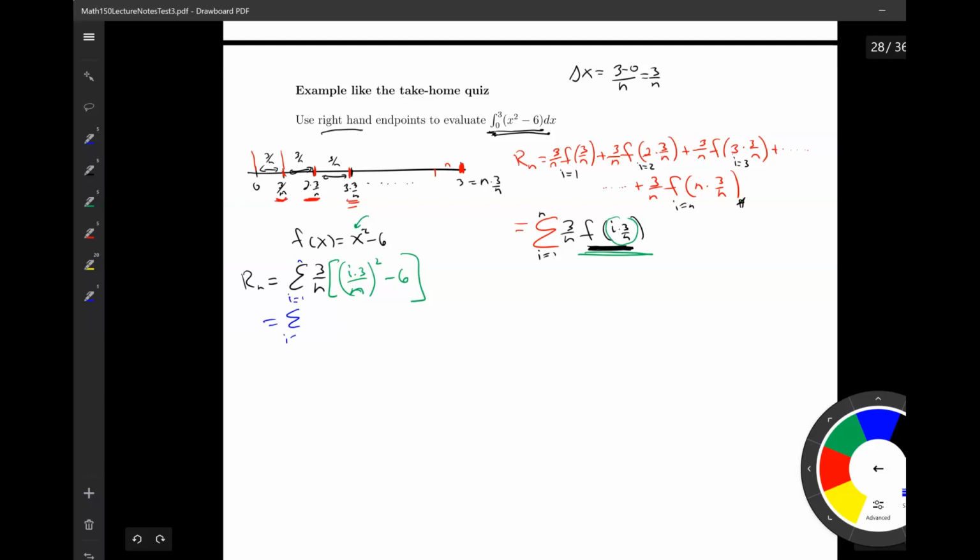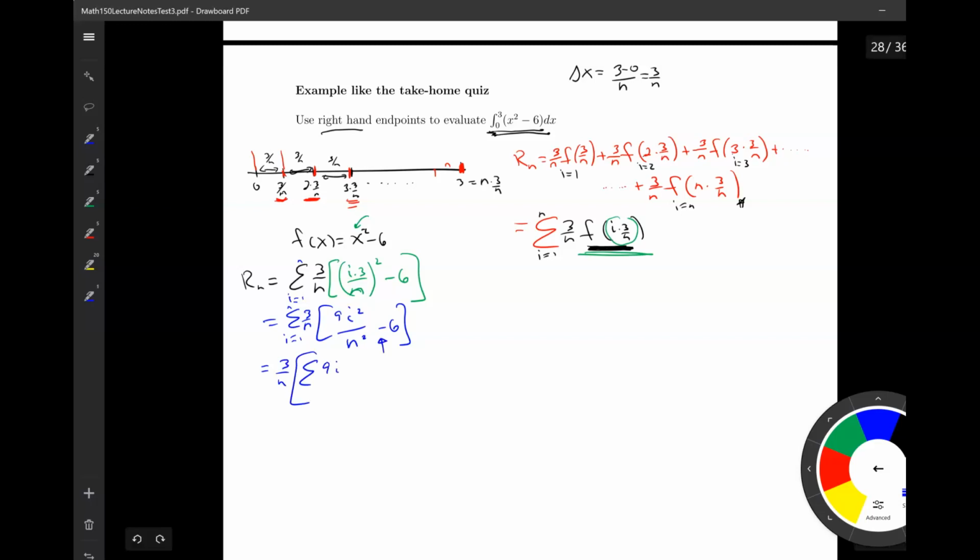All right, so i equal 1 to n, 3 over n, and then I'm going to multiply this out, so I get 9i squared over n squared minus 6. Let's even take that a little further. I'm going to pull that 3 over n on the outside. And then I'm going to separate it around the subtraction.